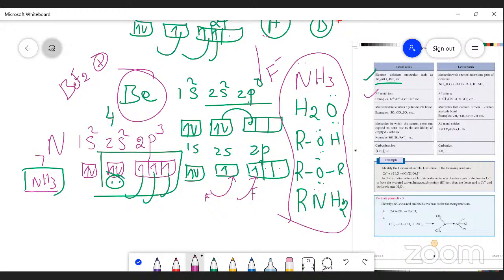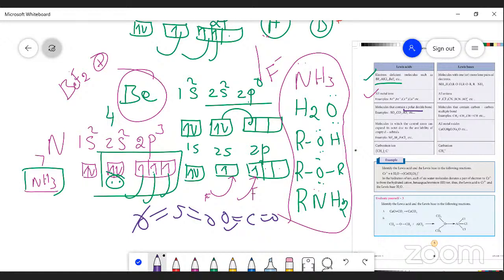And then molecules that contain a polar double bond. What is considered a non-polar double bond? For example, SO2 and CO2 have polar double bonds, since there is polarity. They act as a Lewis acid.